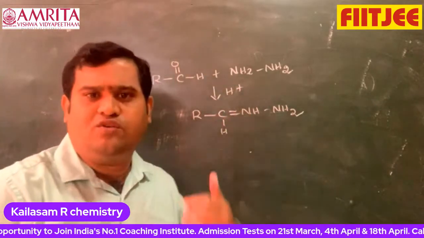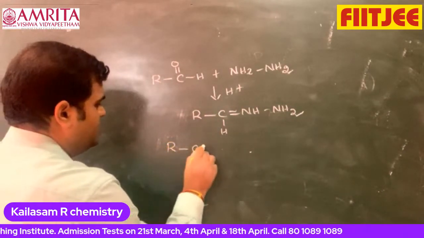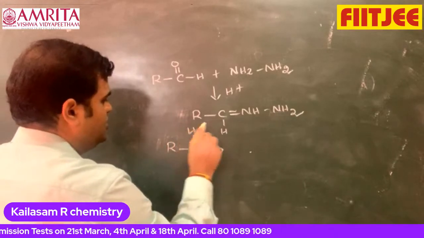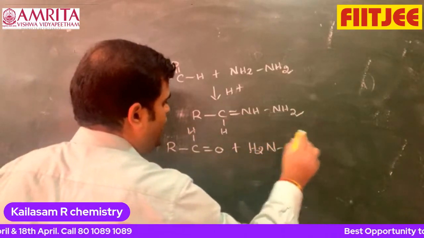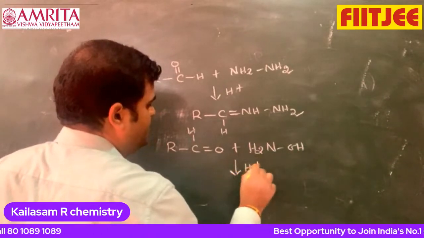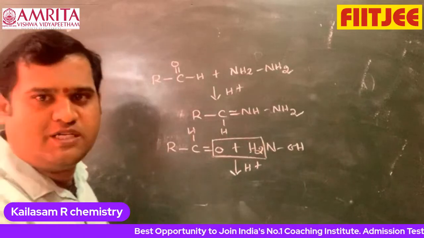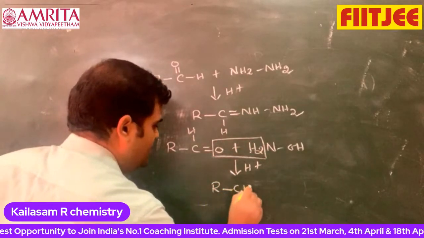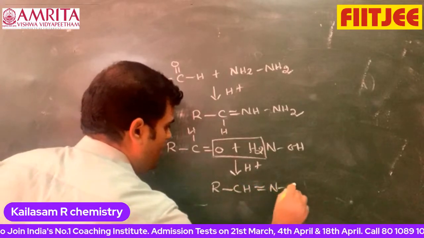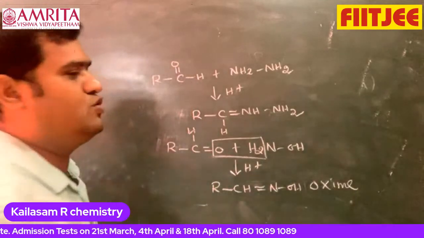To enhance the electrophilicity of the carbonyl carbon. Look at this. Even I can say R, C double bond O, H, reacts with H2N OH, which is called hydroxylamine. In acidic medium it gives oxime. Oxime can show cis-trans isomerism. H2O is removed, and you get R, CH double bond N, OH, which is called oxime.